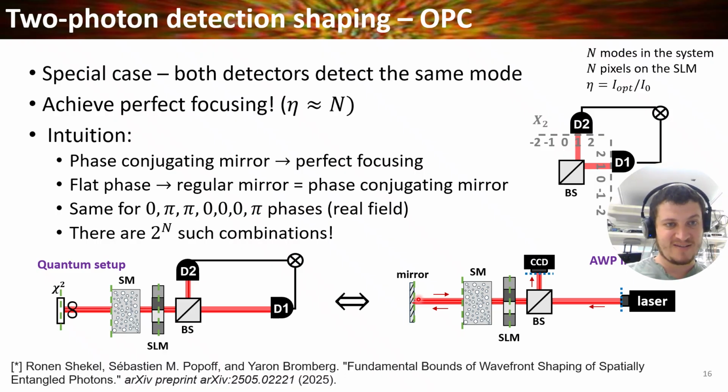Now, since each mode can have a phase of either 0 or pi, there are actually 2 to the power of n such combinations, which all result in perfect focusing. So it turns out it's pretty easy for the SLM to find the phases to apply, such that in the mirror or crystal plane the field will be real and we will achieve perfect focusing.